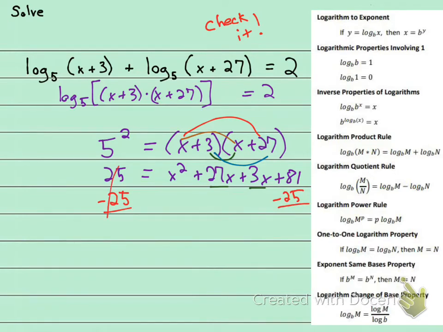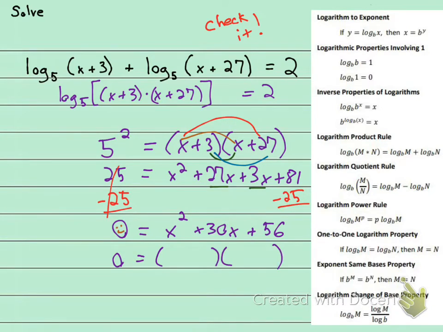All right, now I have 0 equals x squared, plus 30x, and then 81 minus 25 is plus 56. So here's my quadratic equation. It does equal 0. And now I'm going to factor and solve my factors.